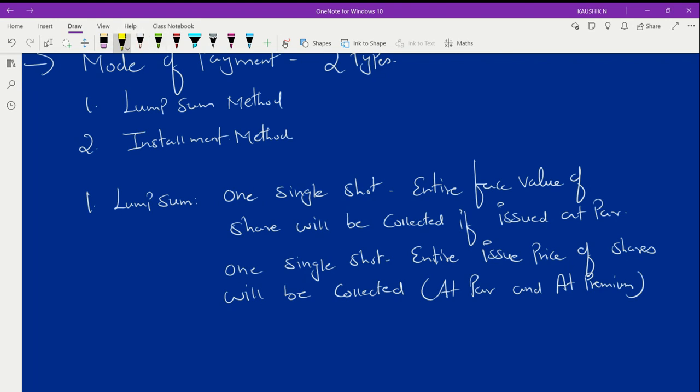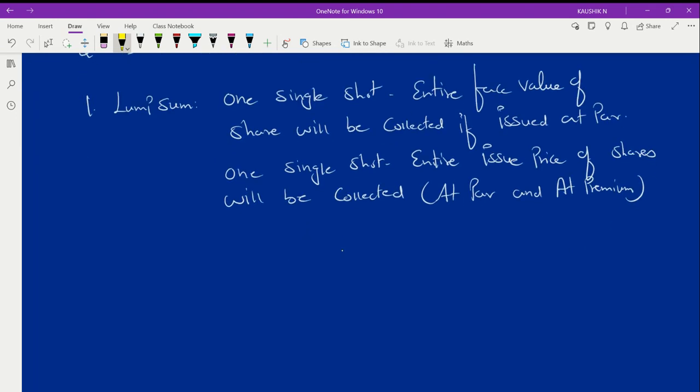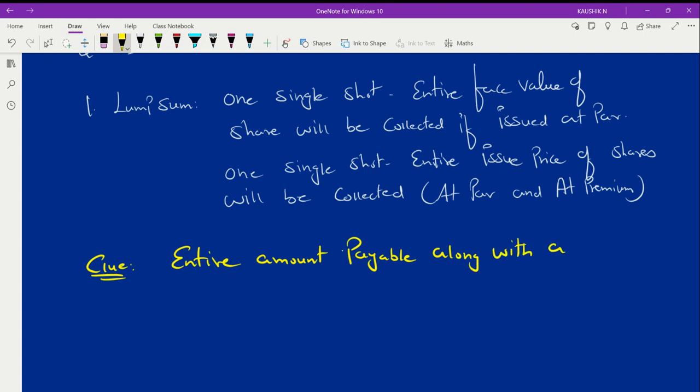Now, how to understand whether this comes under the lump sum method or the installment method? For the lump sum method, I'll give you a clue. You will find this wording in the sentence: "Entire amount payable along with application."